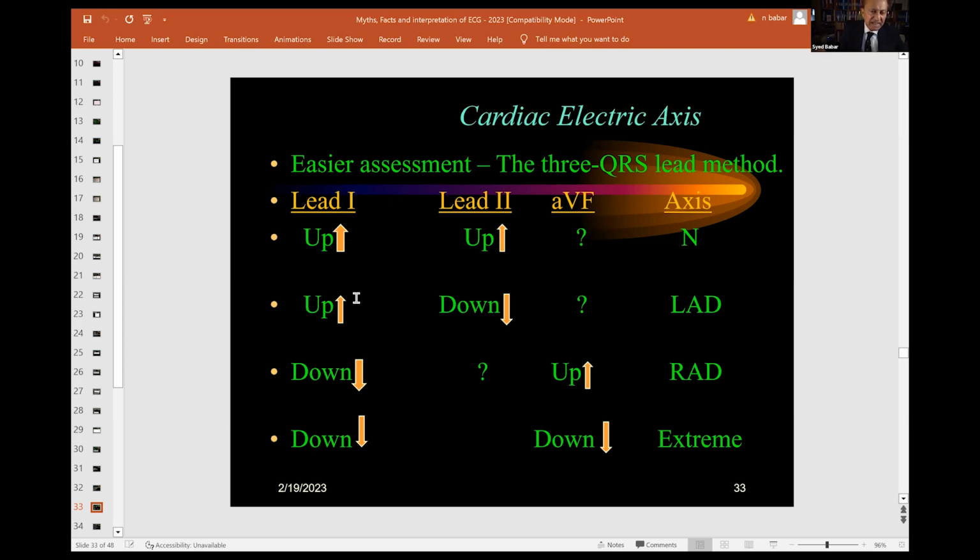Similarly, if in lead 1 the QRS is up and lead 2 QRS is down, then it is left axis deviation. If in lead 1 the QRS is down, lead 2 could be anything, but AVF is up, then it is right axis deviation. If lead 1 is down and AVF is down, then this is an extreme axis.